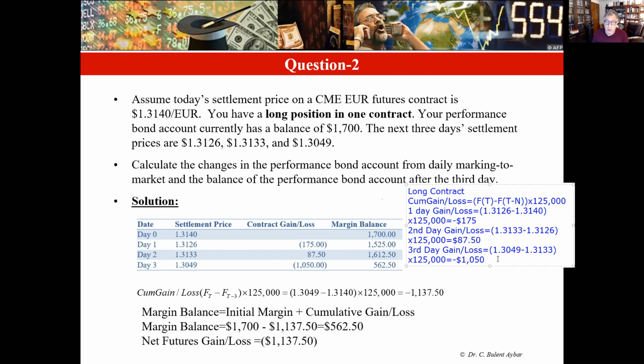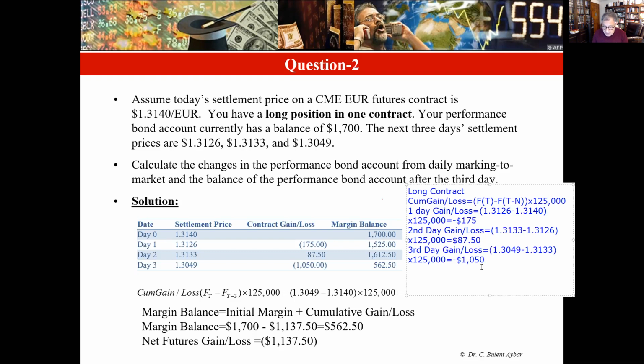So the cumulative loss is again $1,137.50, which we can calculate simply by using the formula that I wrote at the top. Let's copy this in here.